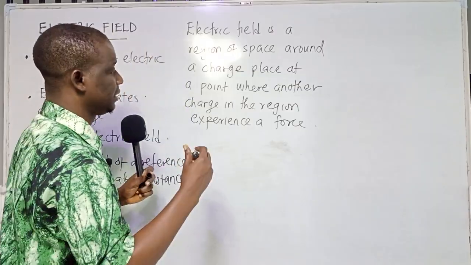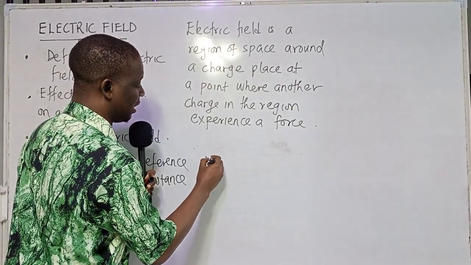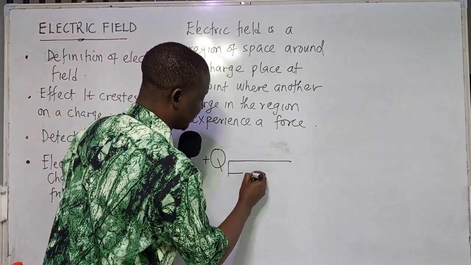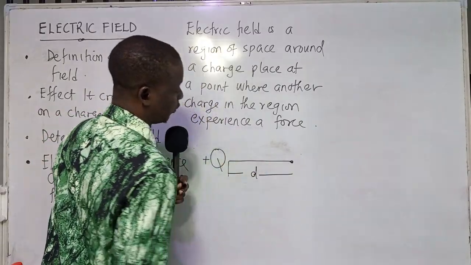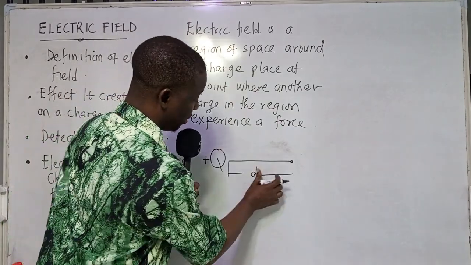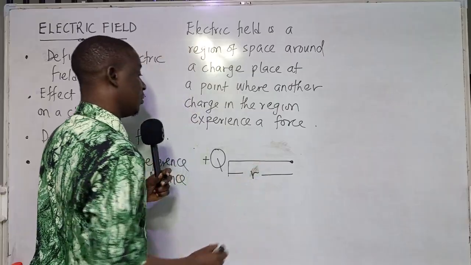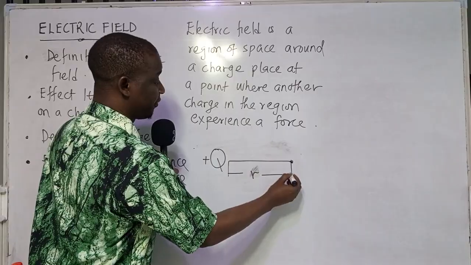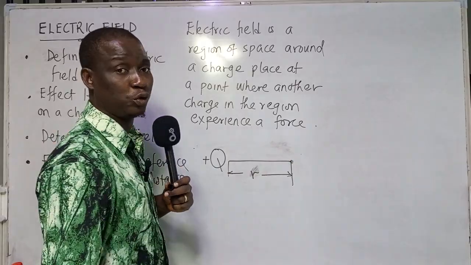Now don't forget that if you place a positive reference charge here, and let's say we place a test charge far from it, at a distance r from this point, I want to calculate the electric field at this point. What am I going to do?